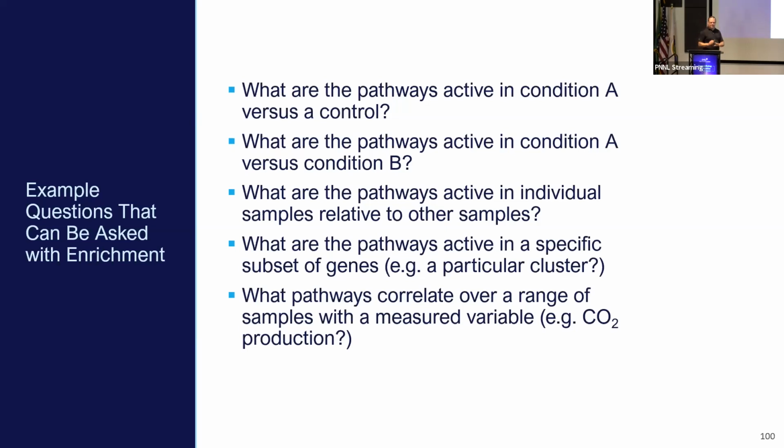And so in that heat map example that Lisa was showing before, you get clusters of genes and you can see the overall pattern, but you might not know what they mean because you don't know what all of the labels are for all of the different genes you see. Pathway enrichment can be one way to do that, right? You get a bunch of genes and they're all activated in the high temperature treatment.